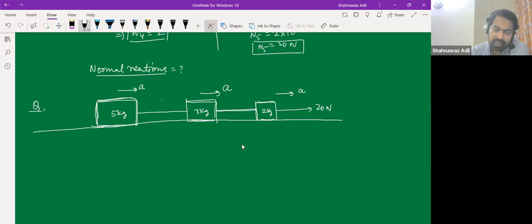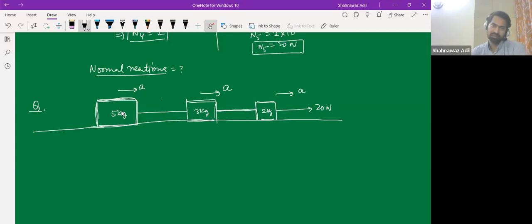Now tell me, in the horizontal direction, this is pulled by this 5 kg block. So what other forces are there for this block? Sir, gravitational. No, no, I'm not asking about the gravitational part.